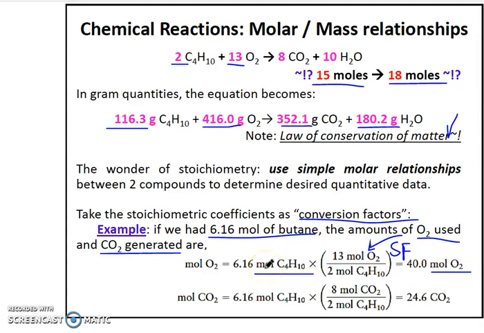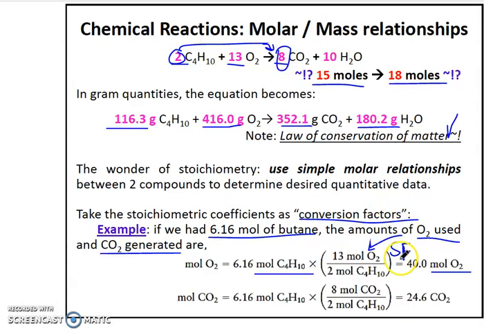Now, if a second relationship needs to be found, for example butane with respect to CO2, we look at the molar relationship between the stoichiometric coefficients of butane and CO2, and that is going to be 8 to 2. 2 moles of butane give off 8 moles of CO2.